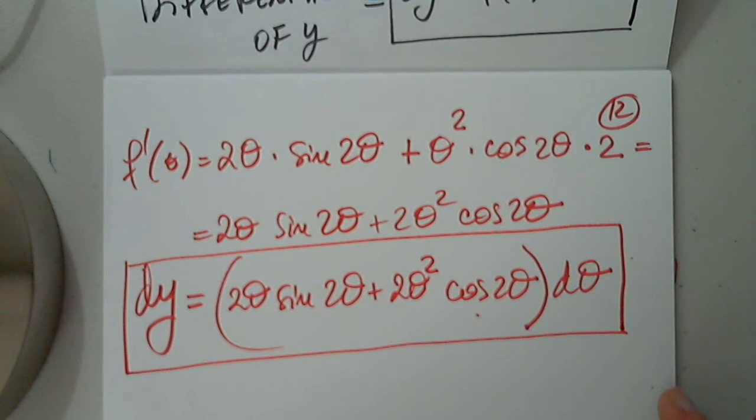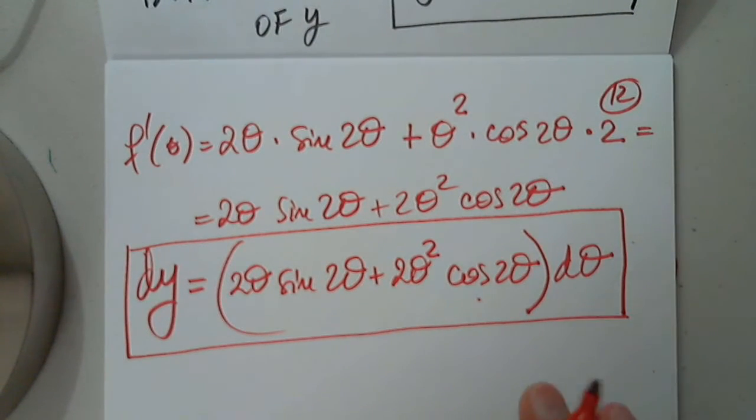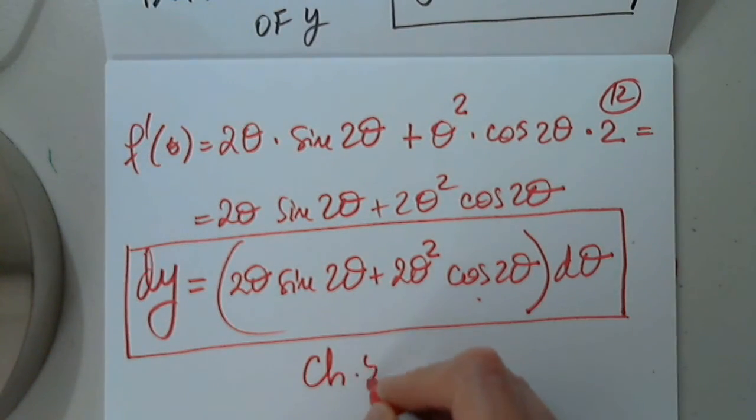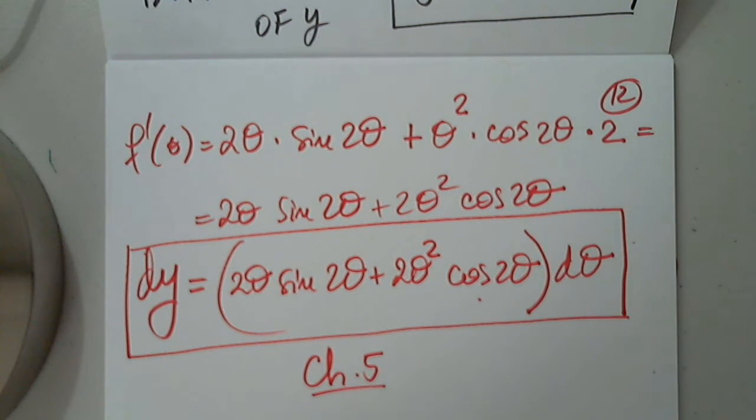And you can say, why are you making such a big deal out of this? Because you'll see in chapter 5 why. The differential is a big deal. Is the differential just the same thing as the derivative, except you multiply by dx, or in this case d theta? Correct. Absolutely.